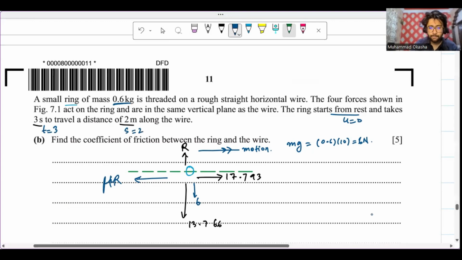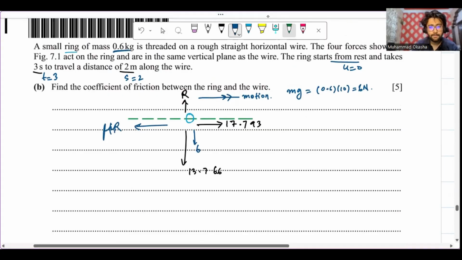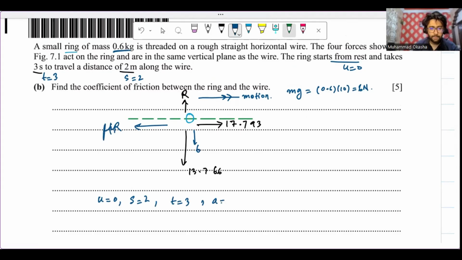I'm going to write all the variables, and you can pause and reflect and work out which equation of motion I should use to find the acceleration. We know u is 0, s is 2, and time is 3, and we need to work out the acceleration. I think it's pretty simple.